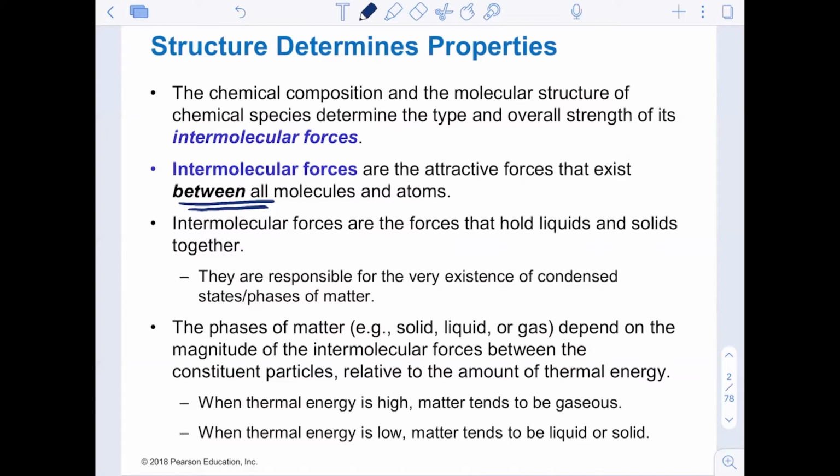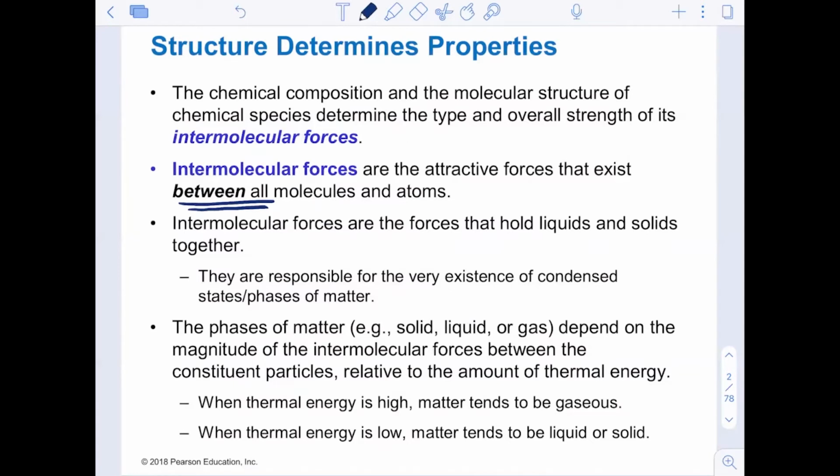So the phases of matter, solid, liquid, or gas, really depend on the magnitude of the intermolecular forces between the particles. And that is going to come with a thermal energy responsible to overcome those intermolecular forces.